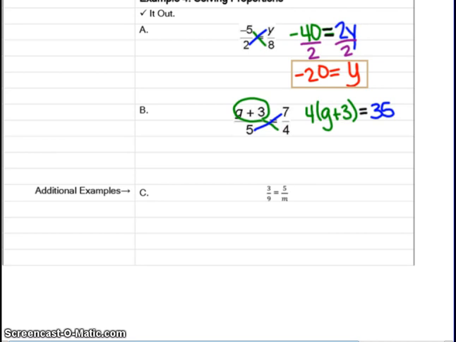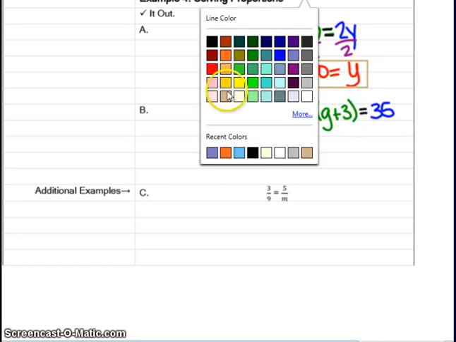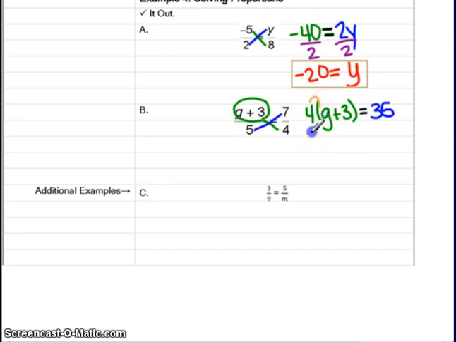Okay, so I am going to go ahead and distribute this, so I have to do a little bit of simplifying here. 4 times g plus 4 times 3 is 35. Then I'm going to subtract 12 from each side. So we're taking it back to that basic algebra.